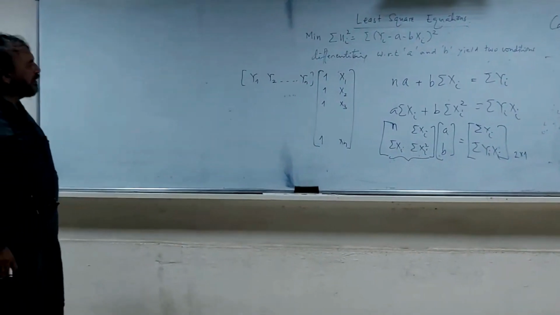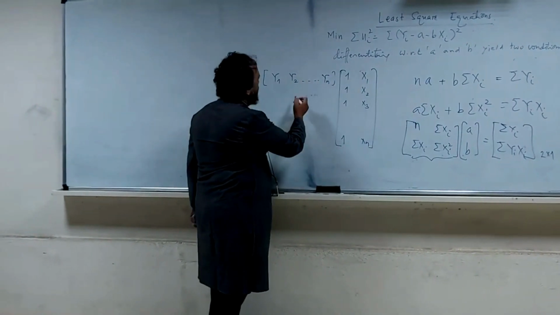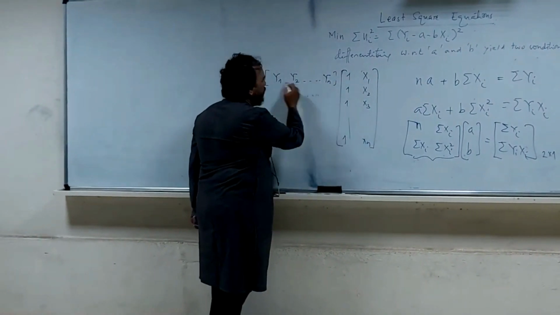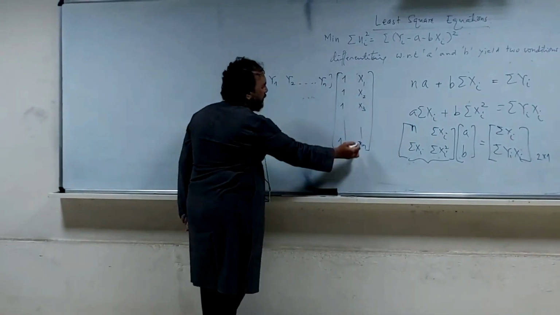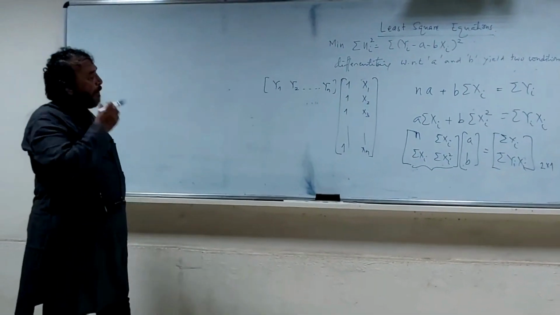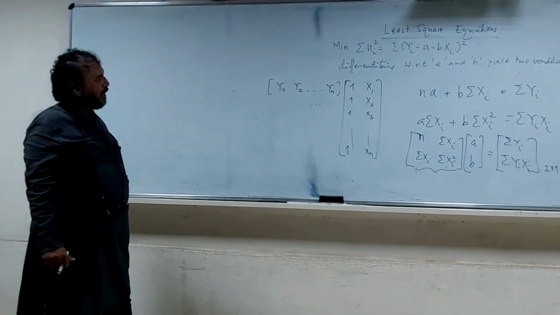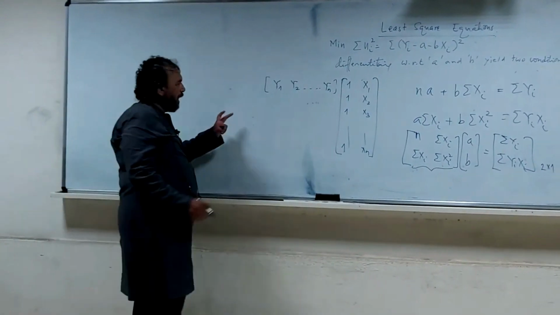So if y is the original vector, I will get y into x. For example, this row into this column will give me summation yi. This column into this row will give me summation yi xi. In order to make it comfortable and consistent for all later generalizations, we can define it the other way around.